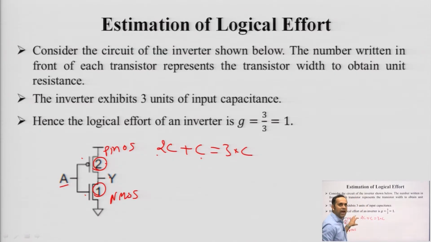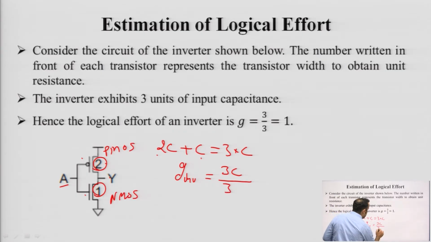So, if this inverter acts as a driver for any other circuit, the logical effort for this inverter is going to be its input capacitance, which is 3C, divided by the capacitance of a similar inverter. Now we are talking about the driving gate also being an inverter. So, this is going to give me 1.